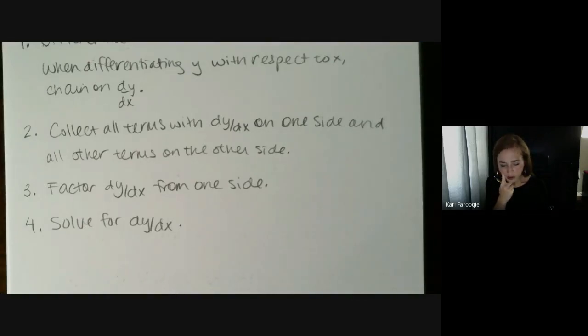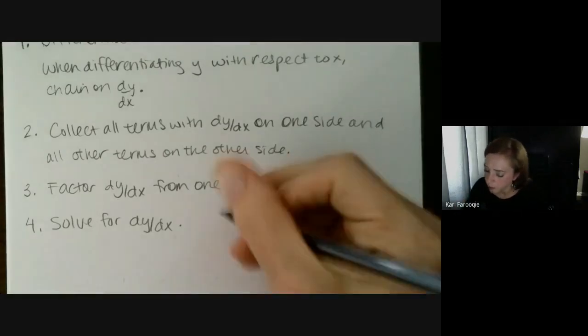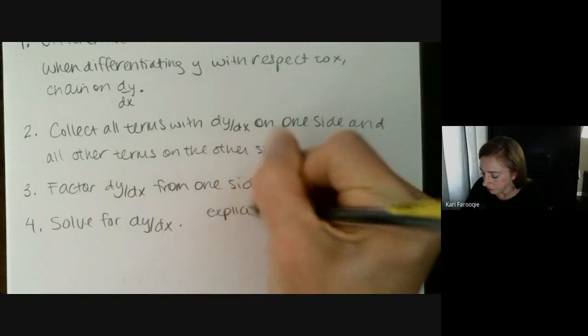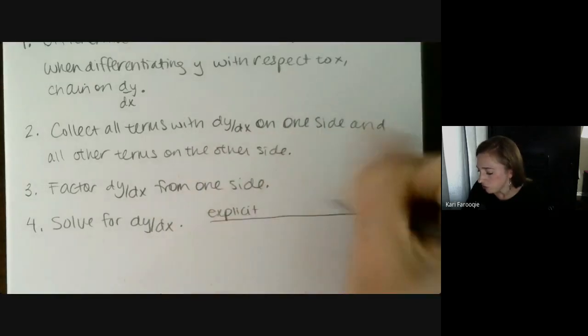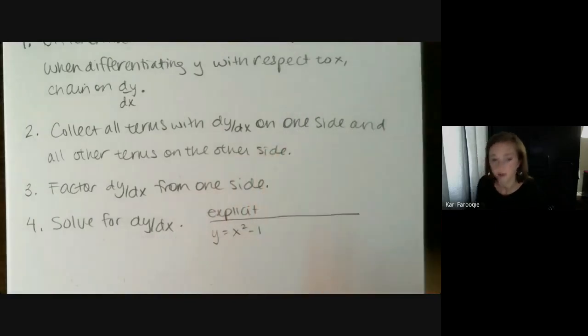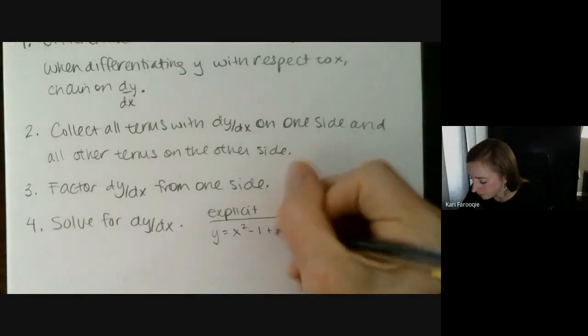And if you'd like some examples, if you're kind of like, what the heck, why would I need this? When would I need it? If you want to think about implicit versus explicit, explicit equations are the kind that we've seen so far. Basically, they look like this: y equals something with a bunch of x's in it.